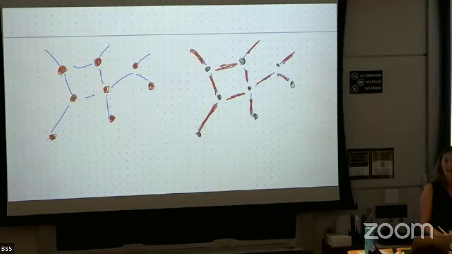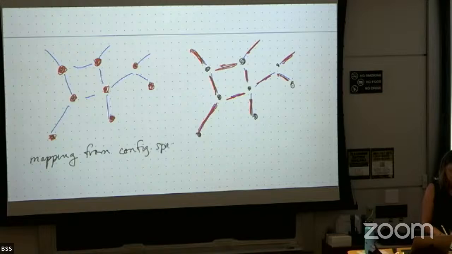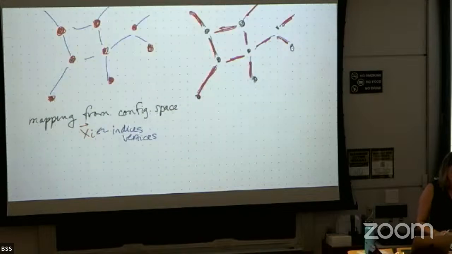So we're going to do a mapping from configuration space, which is these x sub i's, these positions of these variables, and this i indexes the vertices. Those are vertices in the network.